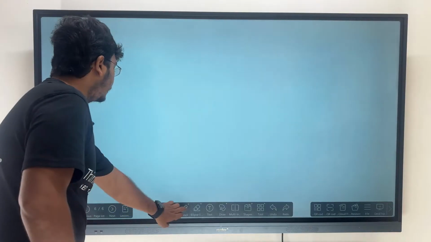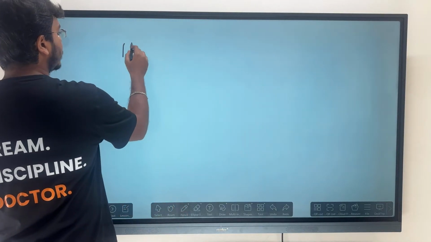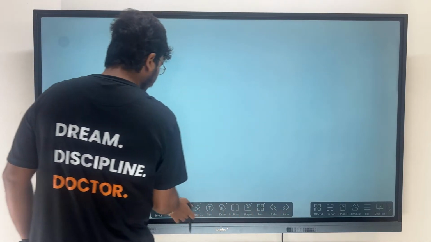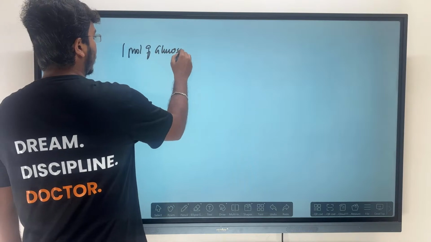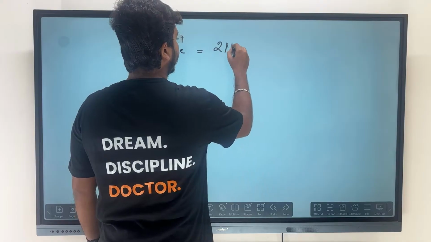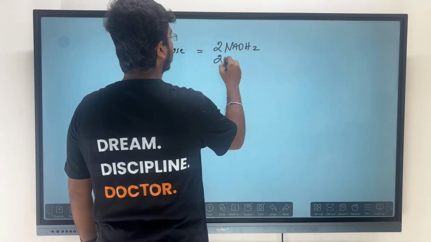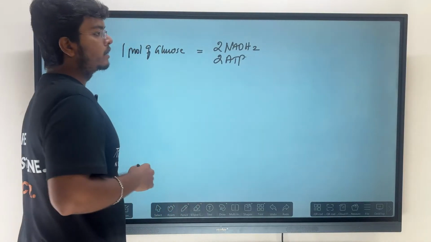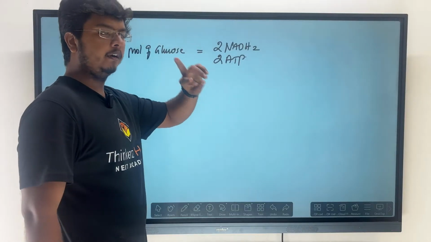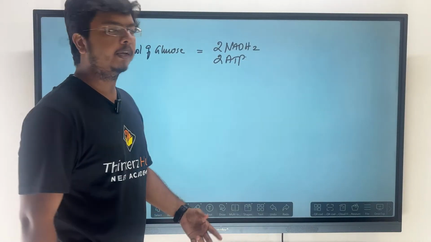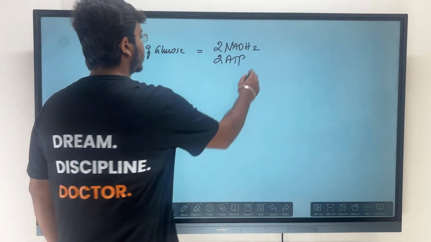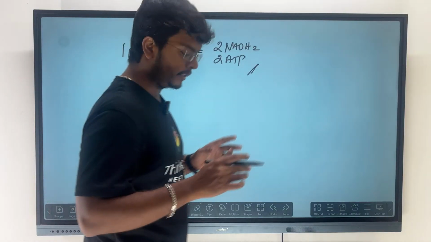So finally, by breaking down one molecule of glucose, how much energy is released? 2 NADH2 is released and 2 ATP is released. So remember, ATP is the net. Okay, I didn't count that 4 because in the earlier preparatory phase we spent 2 ATP, right? From our pocket we took it back, and so it is totally 2 ATP. And this is how glycolysis gets completed.